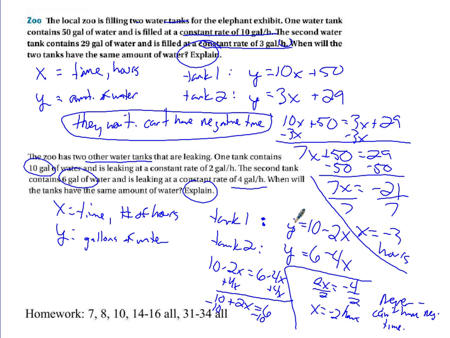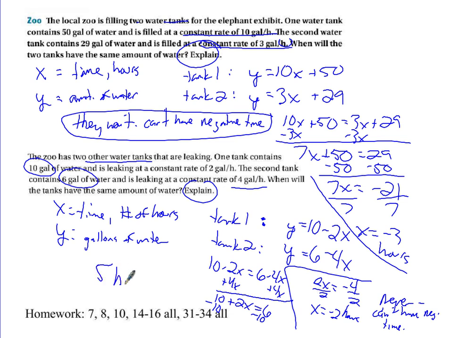But eventually this one will be fully drained, which means that when this one is empty, they both will have the same amount of water in them. So technically in this problem, based on our math, we don't get a solution, but in reality, both tanks will be empty after 5 hours.